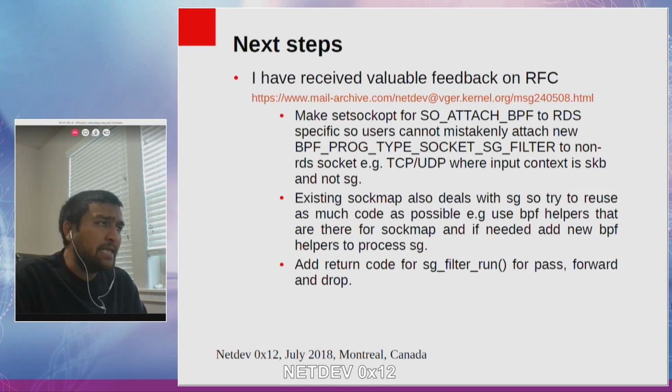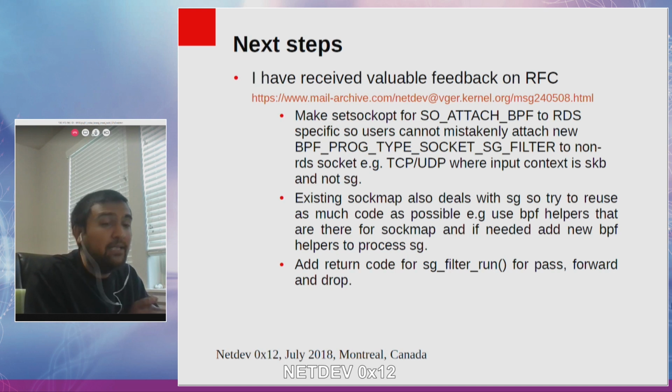that I'm using set socket option SO_ATTACH_BPF for RDS today. However, if we look closely at the design, or the infrastructure that I try to use as a traditional socket filter, somebody can attach to a non-RDS socket, which is a regular TCP or UDP socket, and they would always get skbs as a context, while the program is expecting a scatter list.